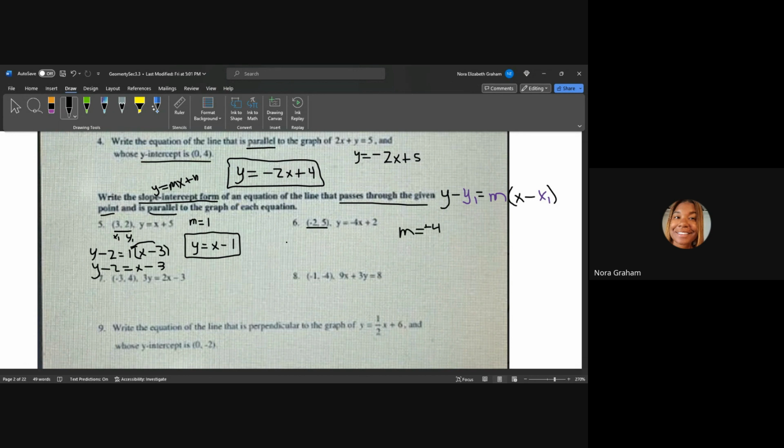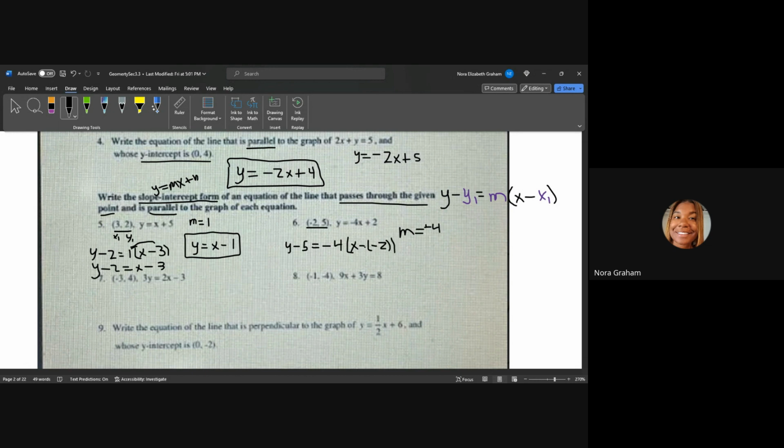So again, we plug it into our formula, y minus 5 equals -4. In parentheses, x minus, and notice how I put in parentheses because we're dealing with a negative sign, so -2. We have to account for that negative.